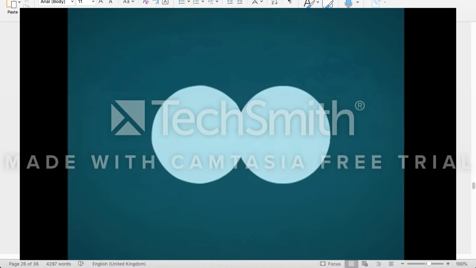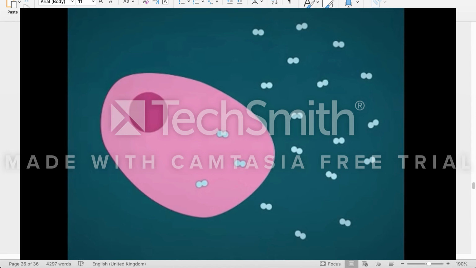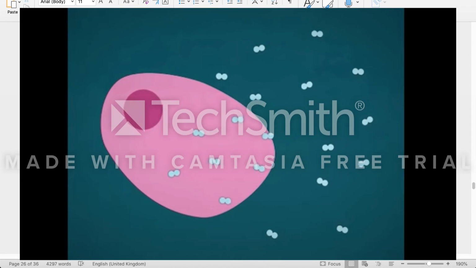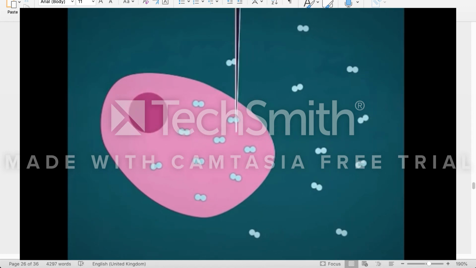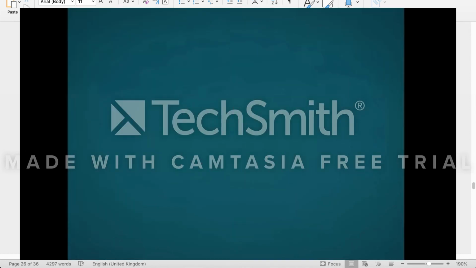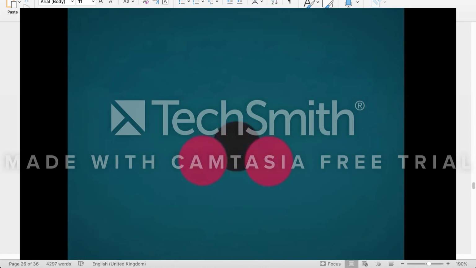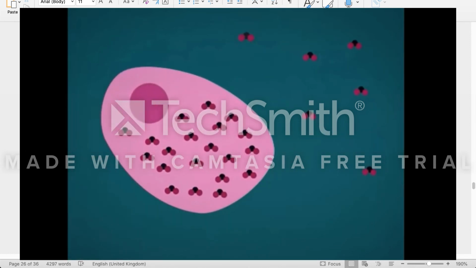So what will happen is oxygen will diffuse into your bloodstream, and carbon dioxide will diffuse out. So that's why when you breathe in oxygen, you breathe out carbon dioxide, because your lungs are exchanging that oxygen for carbon dioxide.